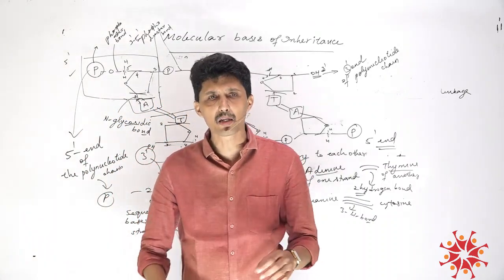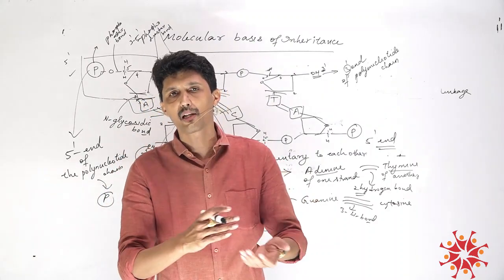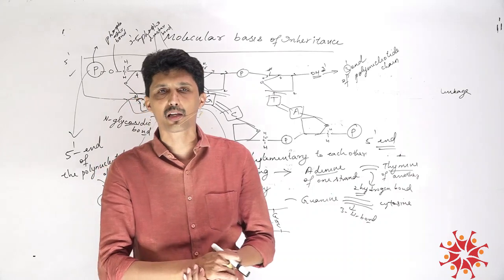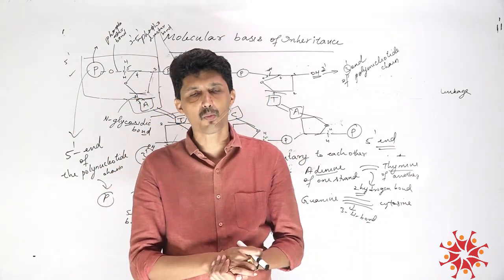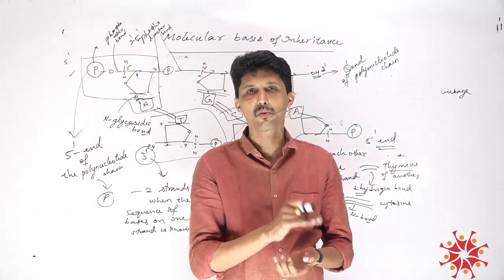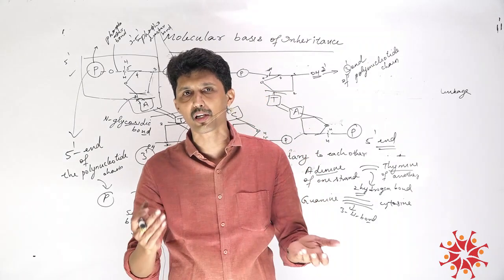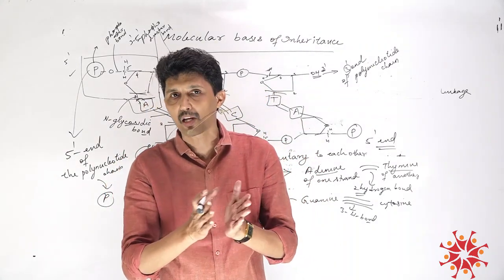So here remember, the base pairing is complementary. The two DNA strands run anti-parallel, right? And later we shall see that Watson and Crick's model suggested semi-conservative replication of DNA.